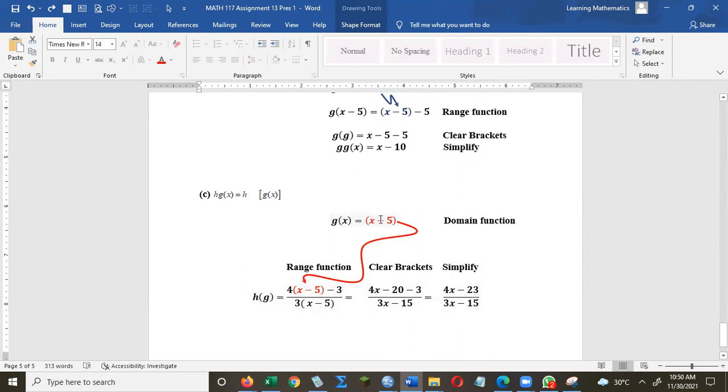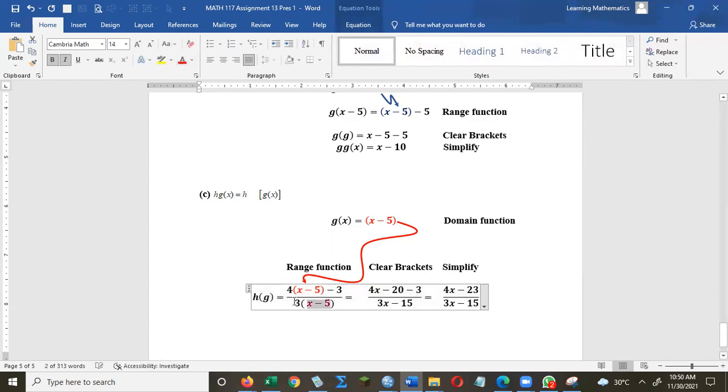So you identify the domain, put it in brackets, place it into the range function, which is h in that case, and then you clear brackets, and then you simplify. Wherever you see x, you put your domain function inside of the range function. Domain into range, okay? Bear that in mind.